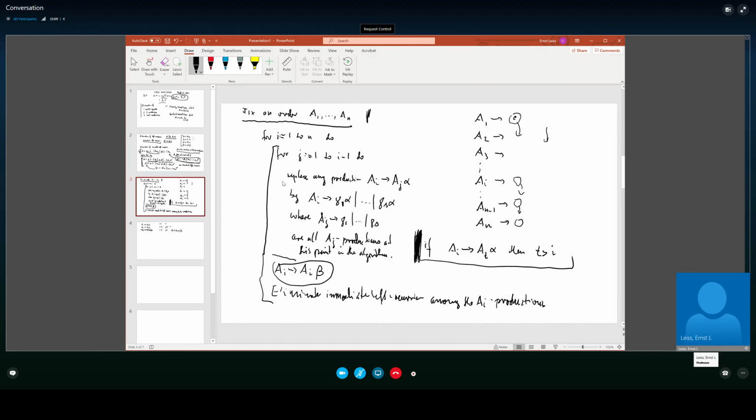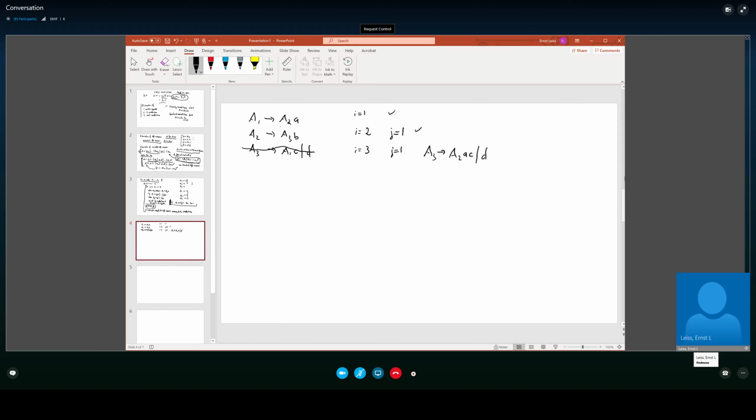And now we proceed to j equal to 2. Because as it happens, we didn't have any A3 goes to A2 originally, but in the process now we do have an A3 goes to A2, which is of course exactly what we're trolling for when we have i equal to 3 and j equal to 2.